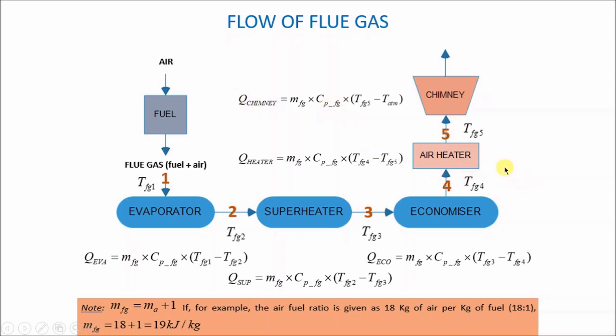And in some other problems you may not have an air heater, but after the economizer you will directly have the chimney, and so TFG4 and TFG5 will all become just TFG4, because you will not have a state 5. It will just be after the economizer, state 4, and then directly the chimney. Really important to understand that, but the logic in applying the equations remains the same.